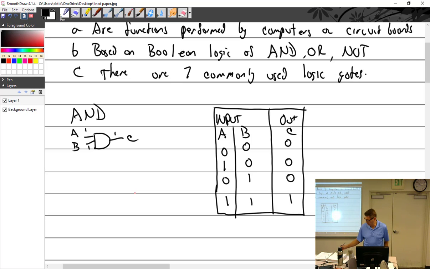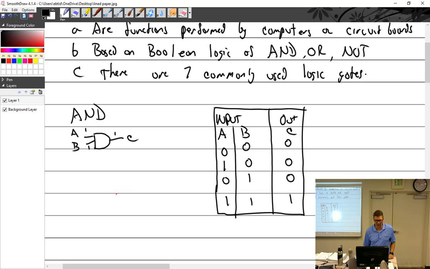I got rid of some older notes because it was becoming obnoxious. I was able to draw analog versions of a lot of these, but it was just getting to be too much, and it might even be confusing. But before we had these things, that's exactly how you did it in aircraft. If you wanted a light to come on with an AND, you would use regular switches.